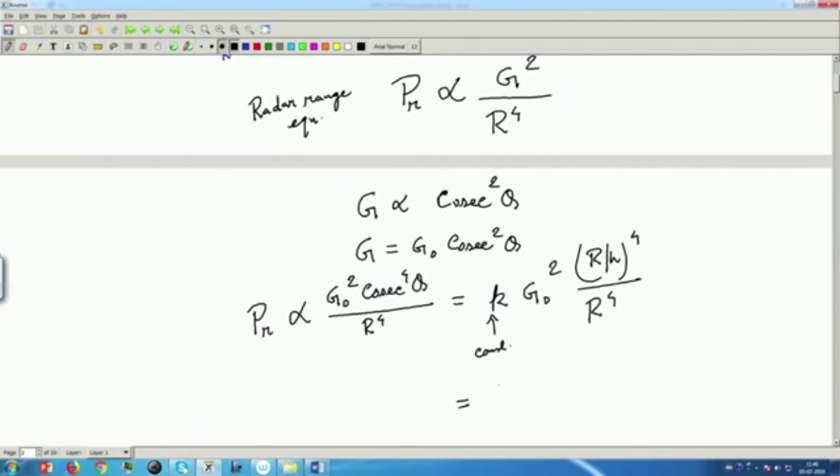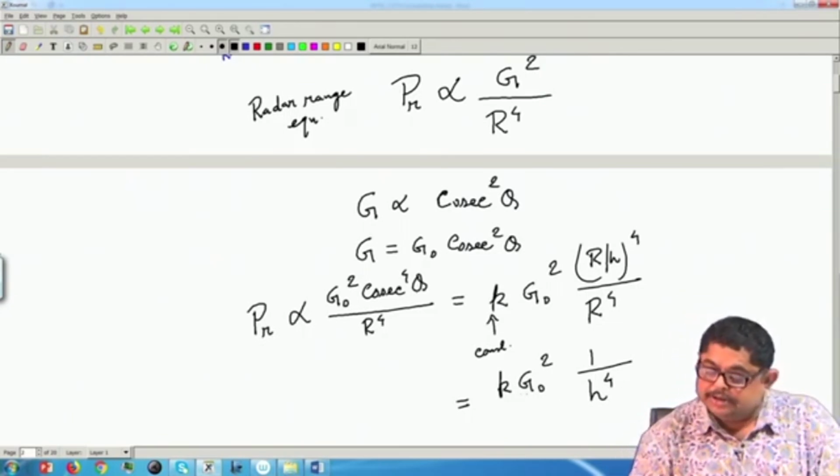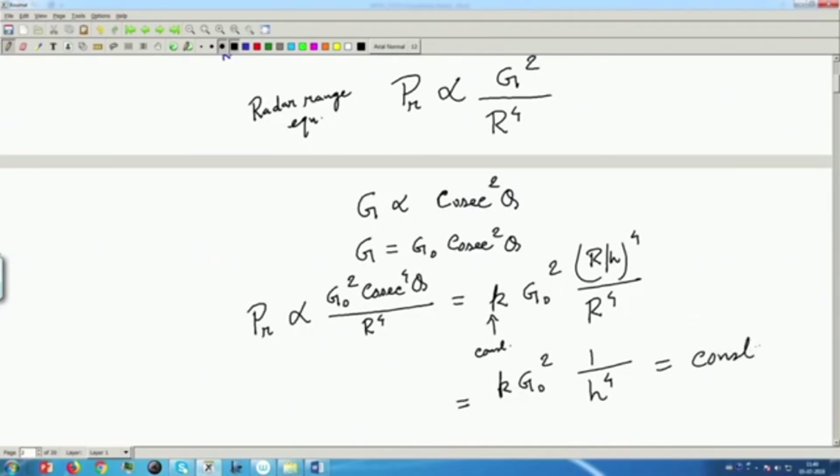So, what does it give me? K G naught squared, then simply 1 by h to the power 4. You see, h is a constant, the aircraft is flying at constant height, so the power received is obviously constant. That was what we were supposed to prove.